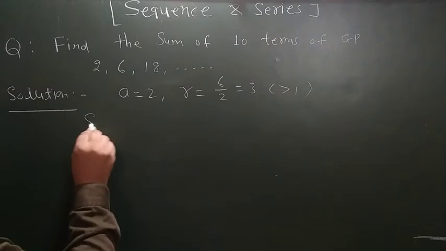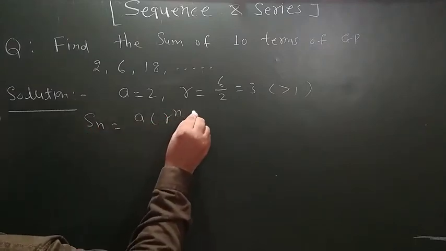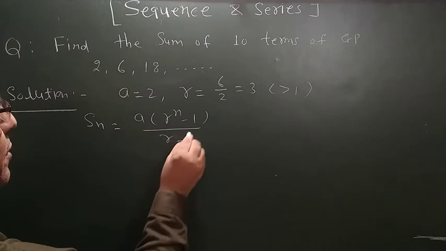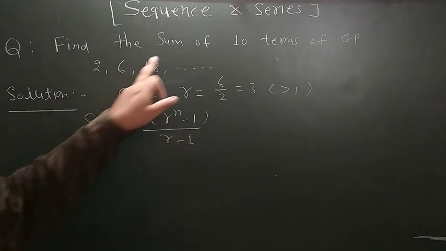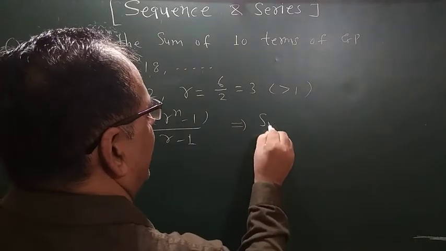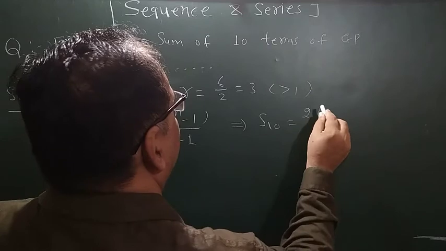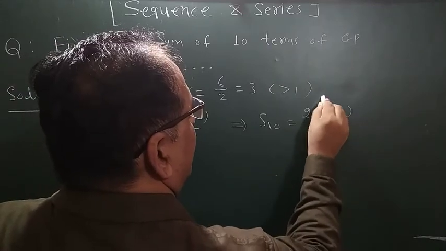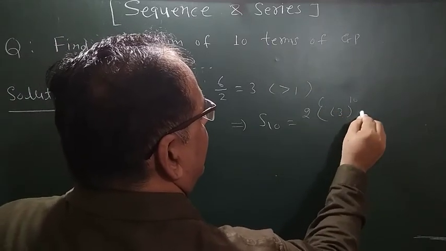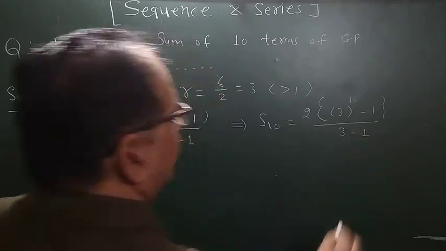So the formula is Sn equals A times (r to the power n minus 1) upon (r minus 1). But we want to find the sum of only 10 terms. So now apply S10 equals A means 2, (r means 3) to the power 10 minus 1 upon 3 minus 1.